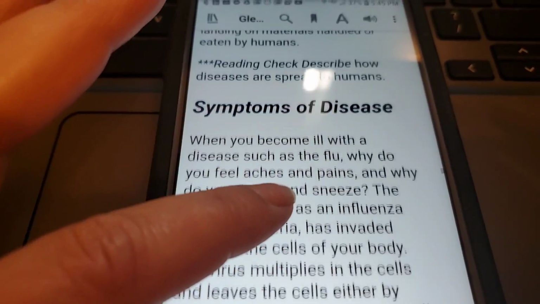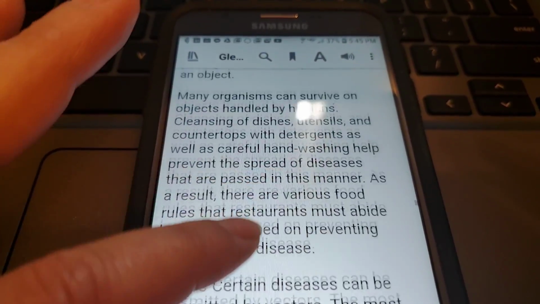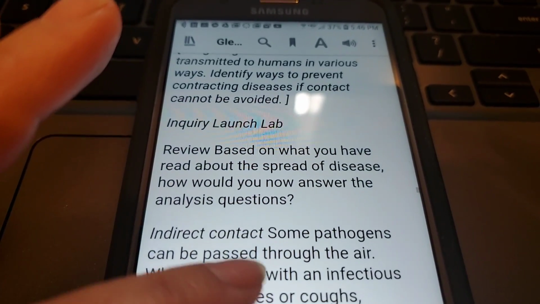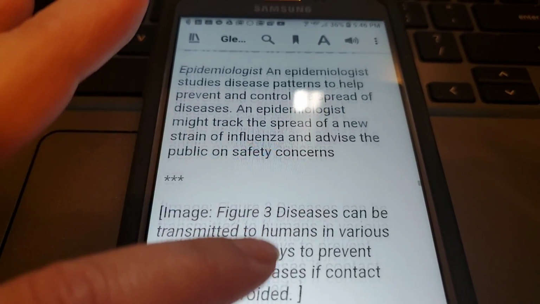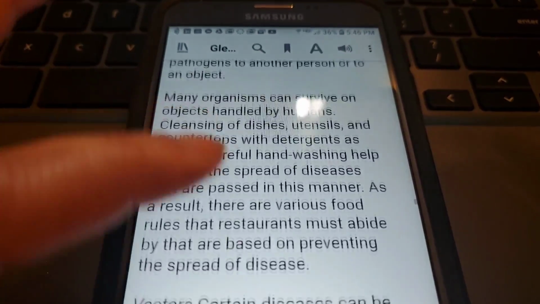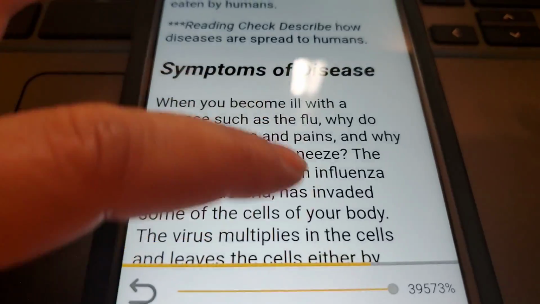Patience, I'll get there. Okay, maybe not. Okay, so I'll go forwards and see if we can find it there. If not, then we'll have to review again, okay?